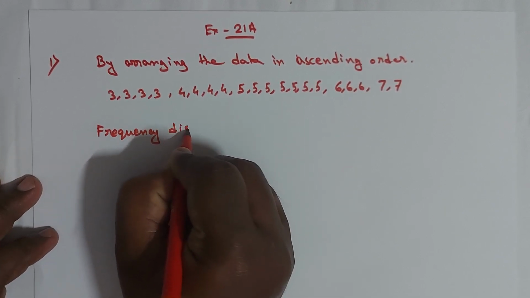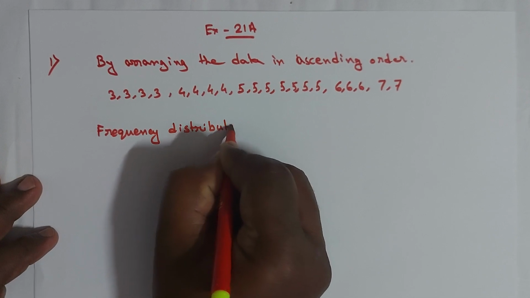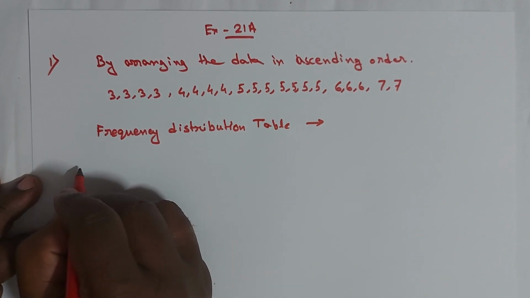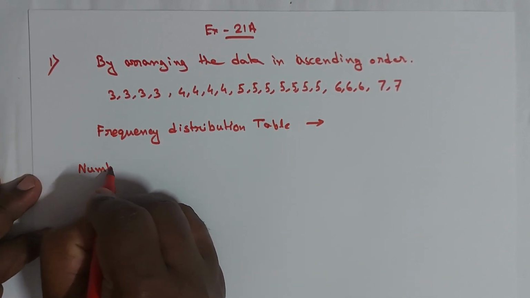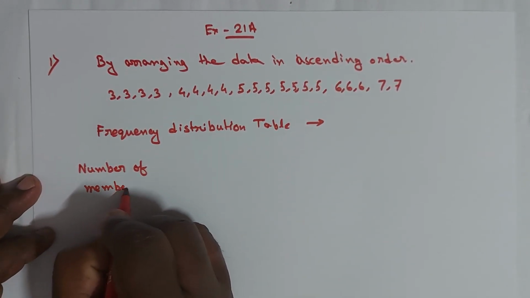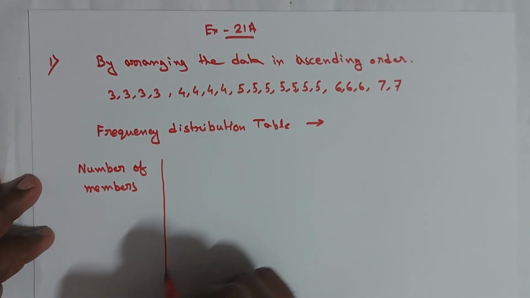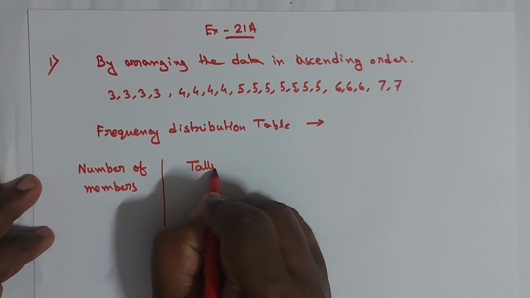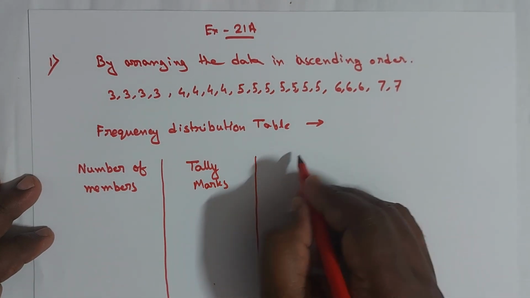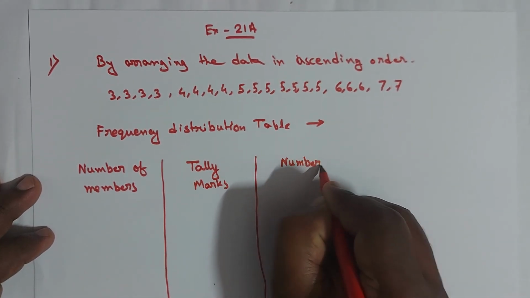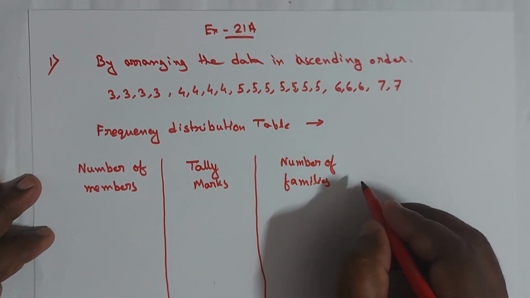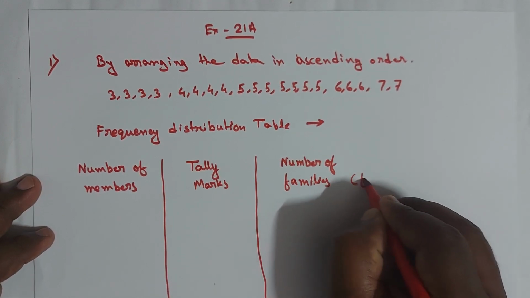Frequency distribution table. Okay, so this is number of members, then tally marks, then number of families, this is the frequency.